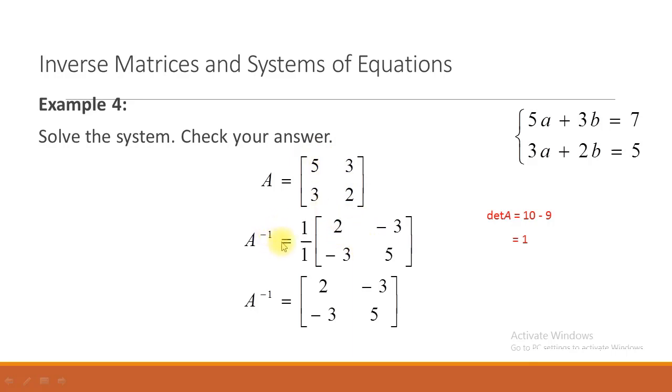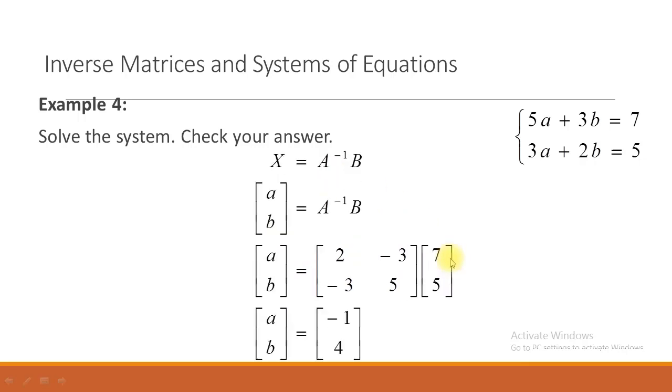Now for the inverse, using the inverse formula, 1 over determinant times the adjoint of A. The determinant is 1 and this is the adjoint of the given coefficient matrix A. Now for the solution, using the formula X is equal to A inverse B. In this system we have two unknowns, a and b, so the variable matrix has two variables, a and b, and A inverse is multiplied by B. This is the inverse of the coefficient matrix, and this is matrix B. Matrix B contains the constants which lie on the right hand sides of the equations in the system.